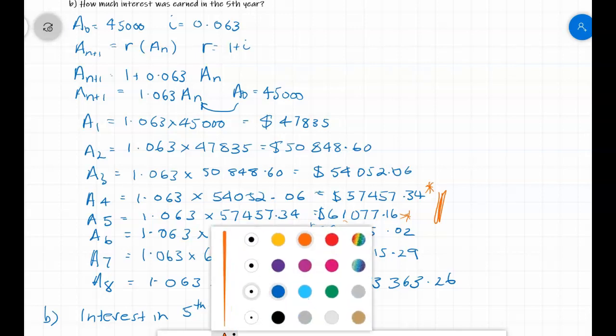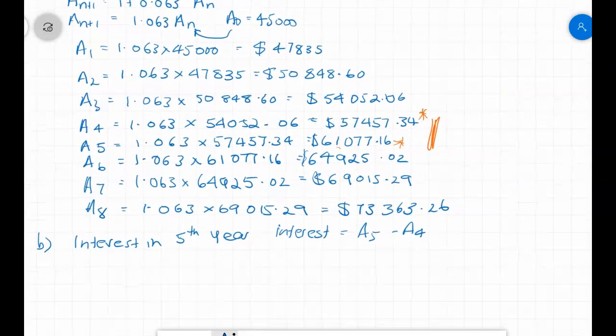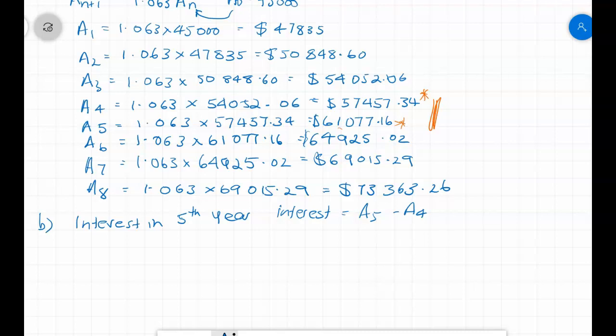So just going back to blue pen, the interest is equal to A5 minus A4. A5 is 61,077.16 minus the 57,457.34 from the 4th year.